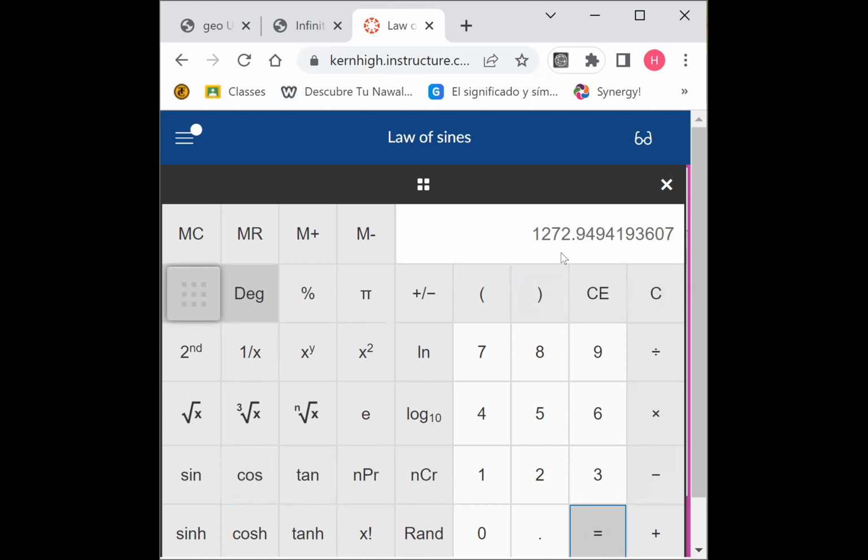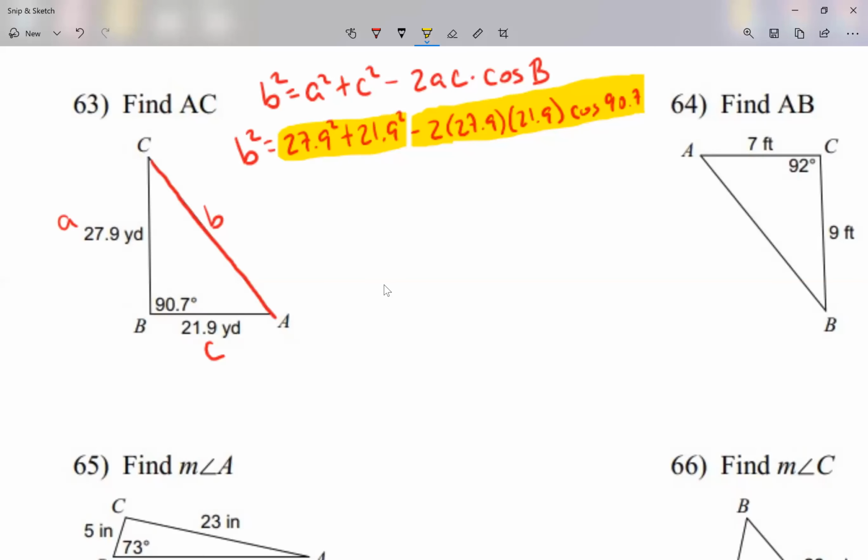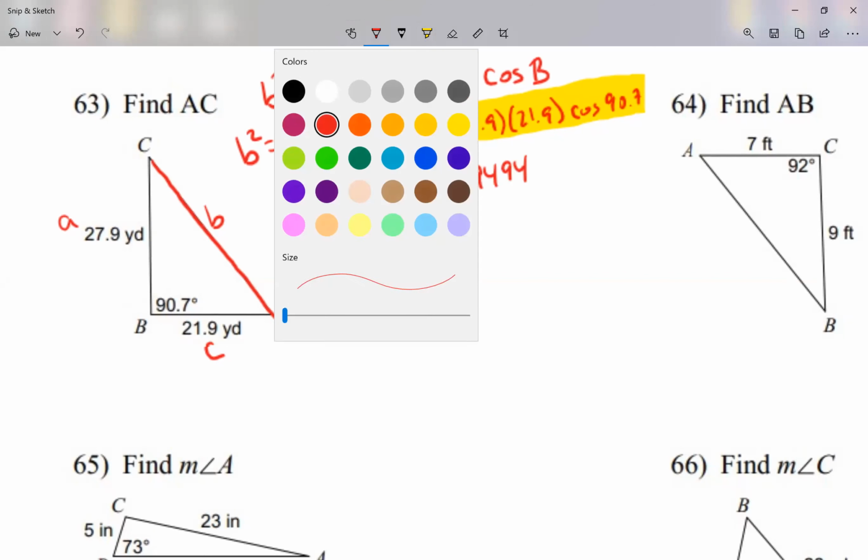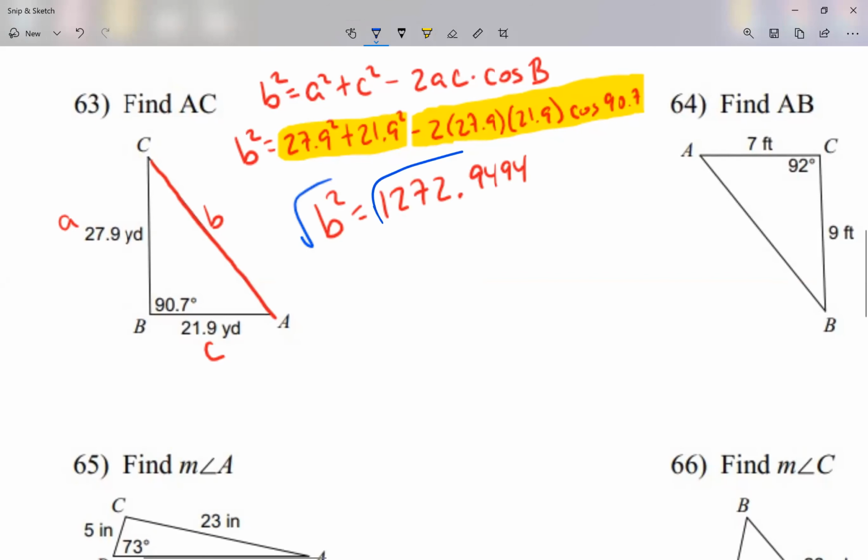So it's 1,272.9494. To get B by itself, let me get the square root on each side.